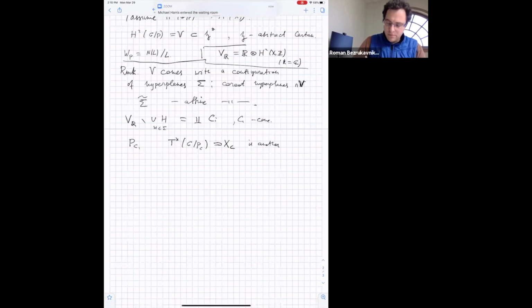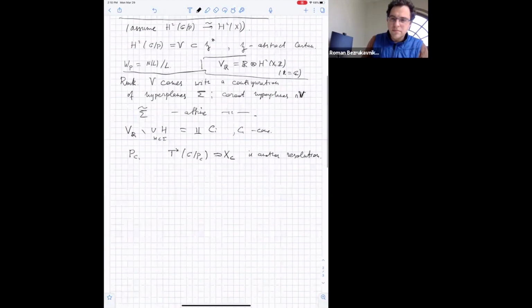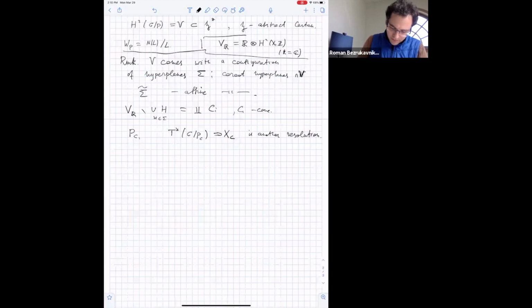It may or may not be isomorphic, but I actually want to think of this resolution together with a fixed identification between H2 of that resolution and the standard vector space, which I can think of as H2 of X I started from.